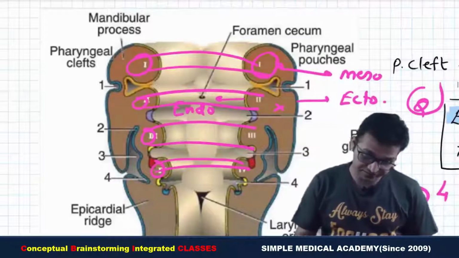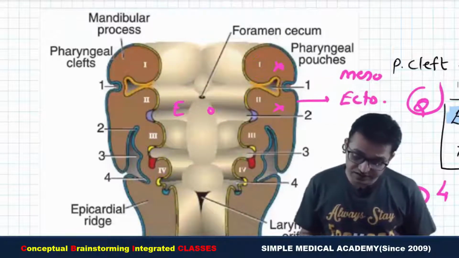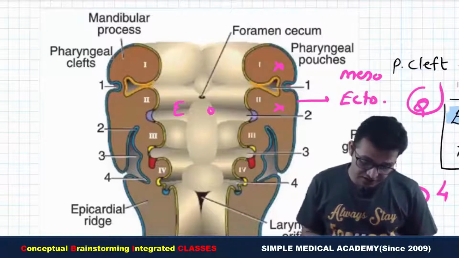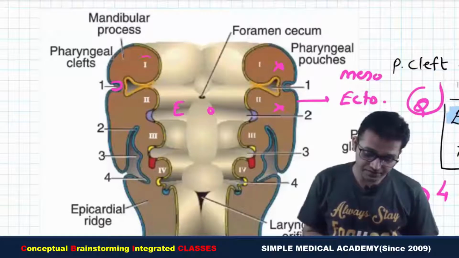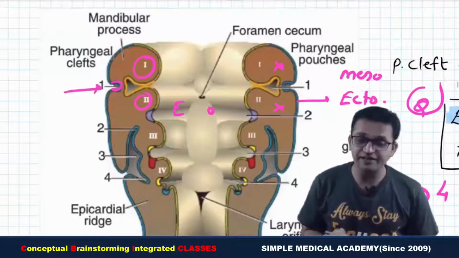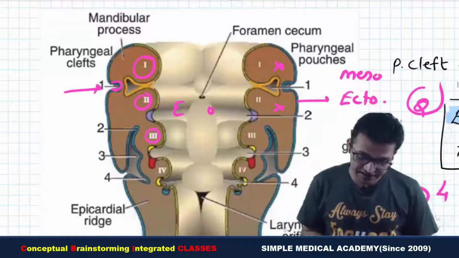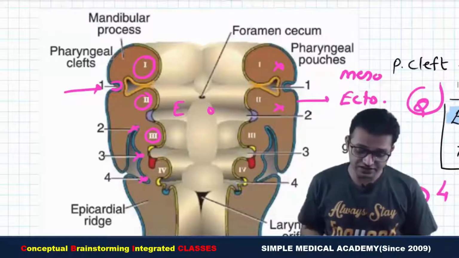The outer one is the cleft. This is the first cleft, blue color, between the first and second arch. Between the second and third is the second cleft, then the third cleft and the fourth cleft.